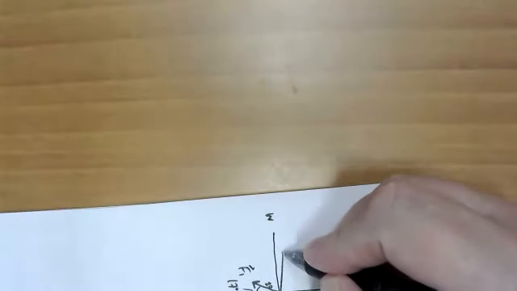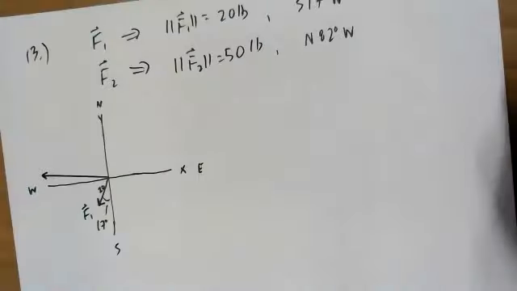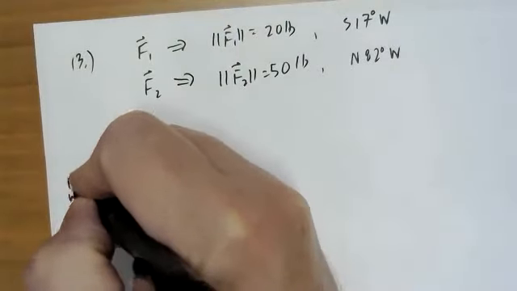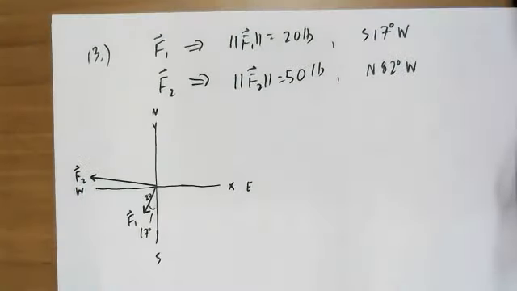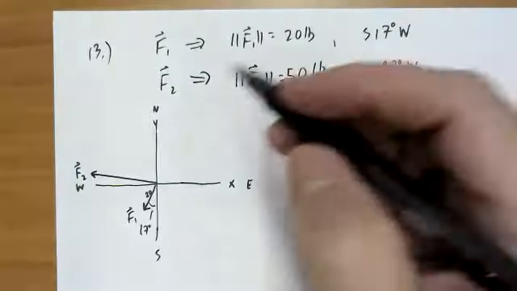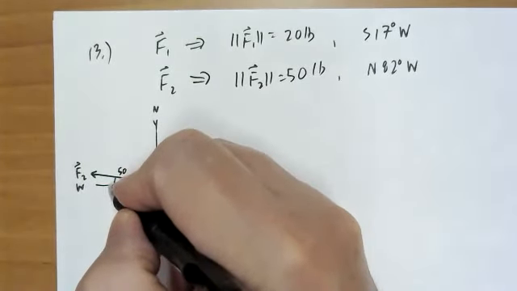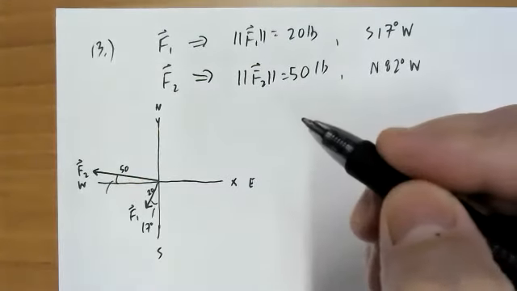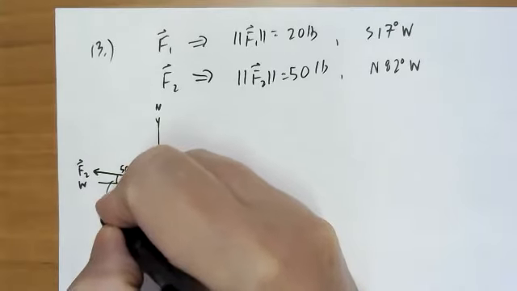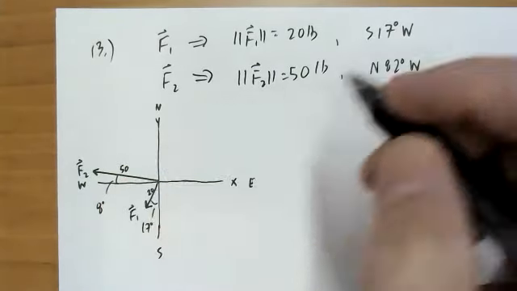So maybe I will imagine it looks like this. So here's the force 2 vector. Once again, the length of this is going to be 50. That's the magnitude. And this angle here is actually going to be 8 degrees, right? If this is 82, this is 8 in here.